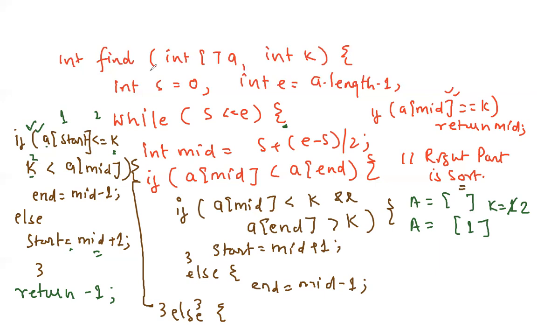What algorithm you decide is correct because you worked out an example on that. But sometimes you forget s is less than or equal to, or you just type s is less than e. Sometimes you forget a condition, like in this case, if a of start is less than or equal to k. That condition may be forgotten. Sometimes we just copy paste, thinking this was always less than in the previous one, so it will also be less than here.